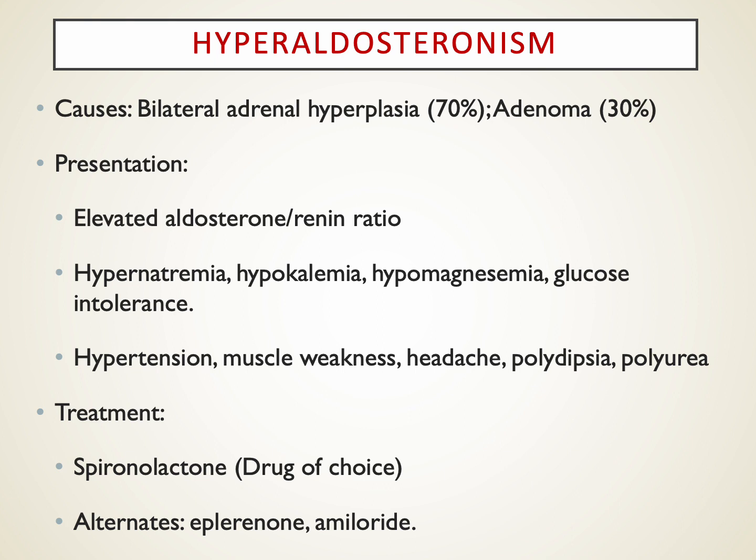Hyperaldosteronism can be either related to bilateral adrenal hyperplasia, or it could be related to an adenoma, and an elevated aldosterone-renin ratio is typically seen. You might see hypernatremia, hypokalemia, hypomagnesemia, and glucose intolerance.